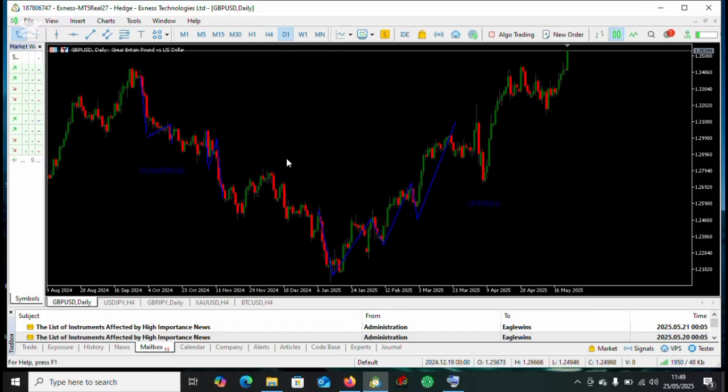On this chart, you can see we have a higher low here, a higher low here, and a higher high too. This is just a sign that I use to indicate the movement of the higher lows and the higher highs.